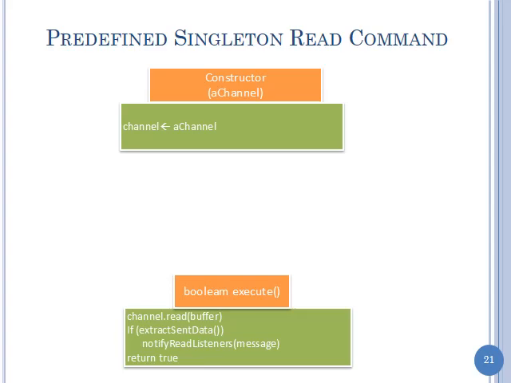What it does is read whatever it gets, extract the appropriate next chunk from the read data, and notify the read listeners, and it does that in a loop. I should really have had a loop here, but it basically extracts as many messages as possible with this one read, invokes the read listeners, and then goes back to waiting for more reads or the next operation.